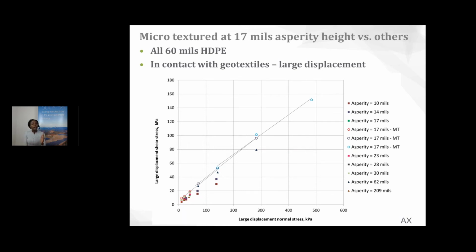And then what we found again was, although the residual values were a little bit lower, the microtextured was able to achieve a comparable shear strength with the other ones that had a higher asperity than 17 mils.